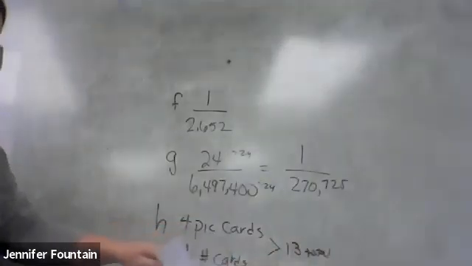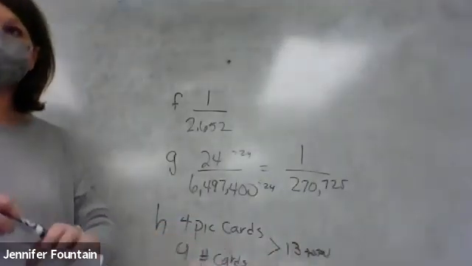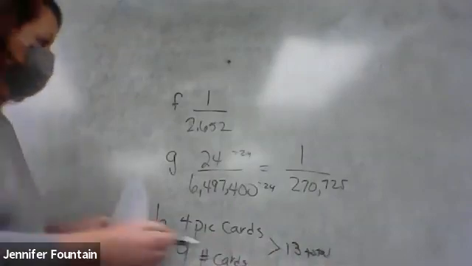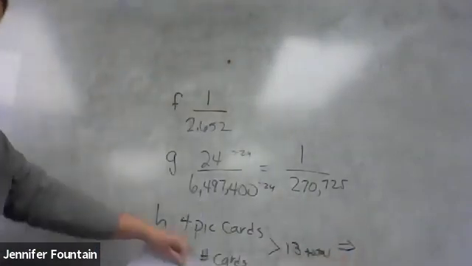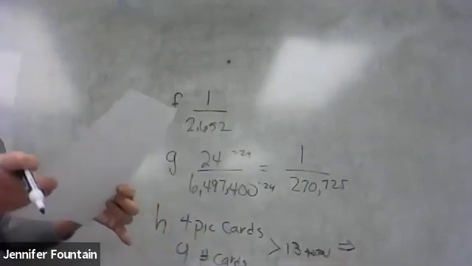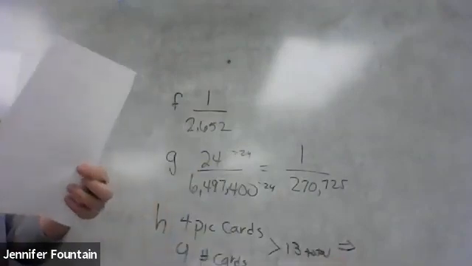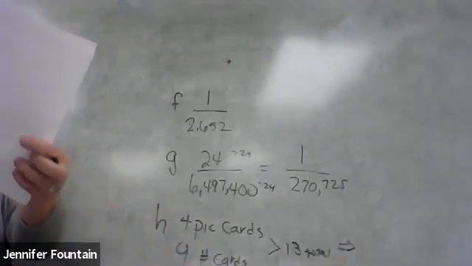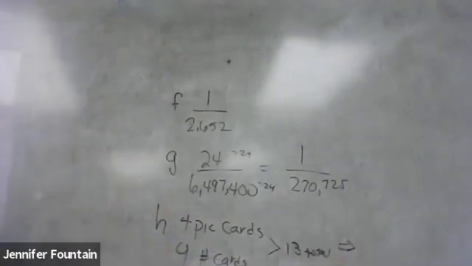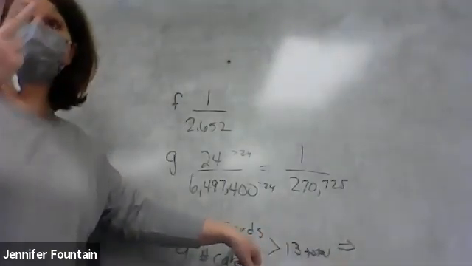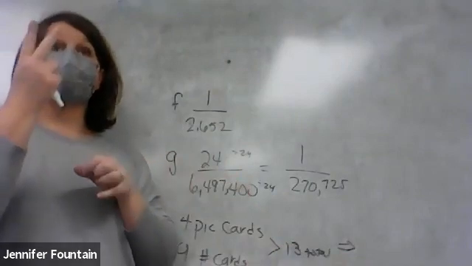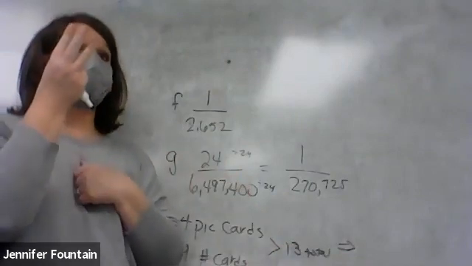So what are my chances of drawing a picture card here? How many picture cards do I have? 4. But how many suits do I have? I have 4 picture cards in diamonds, 4 in hearts, 4 in clubs, and 4 in spades.